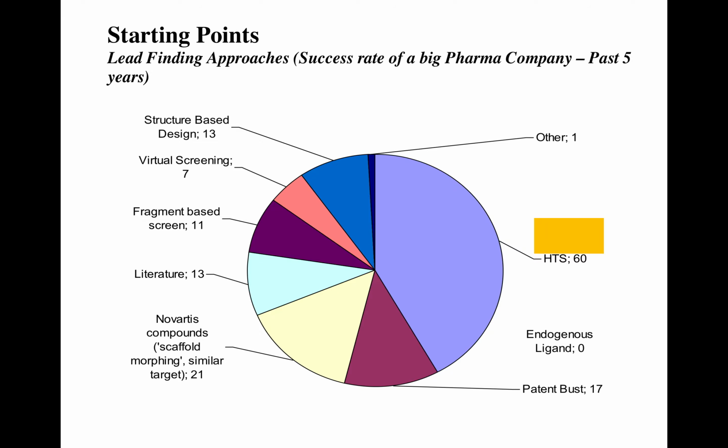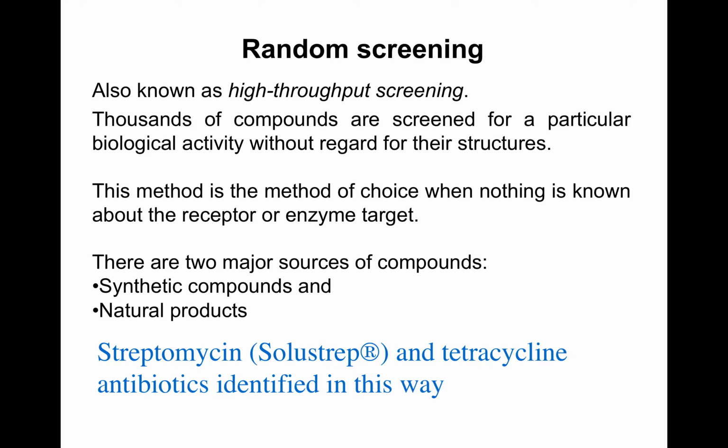It is a drug that has already been patented, but you take that compound as your lead compound and you do just enough structural modifications so that it can be considered a new compound and you can then get a new patent for it. So that's known as patent bust. And you can see there are other methods that they've used to identify new lead compounds. We will go through each of these in the next few slides.